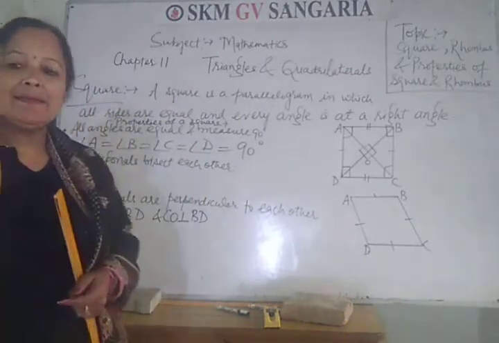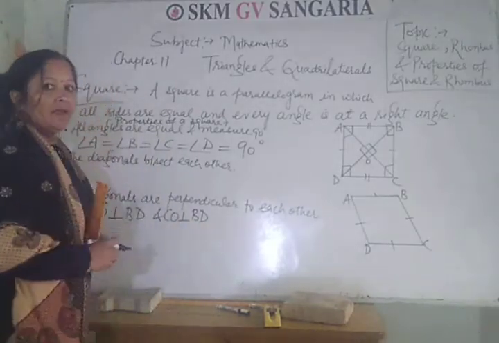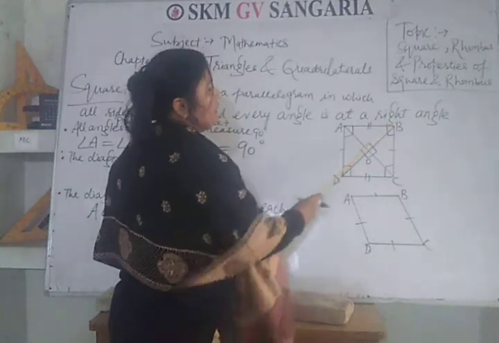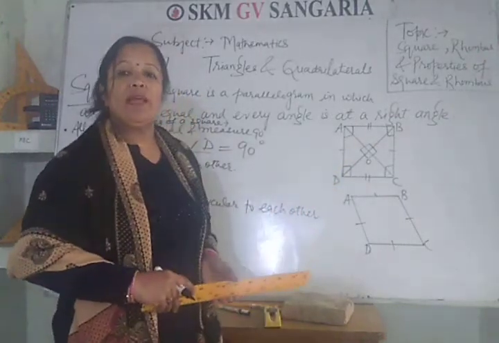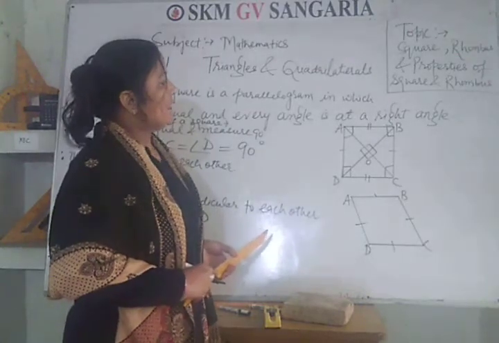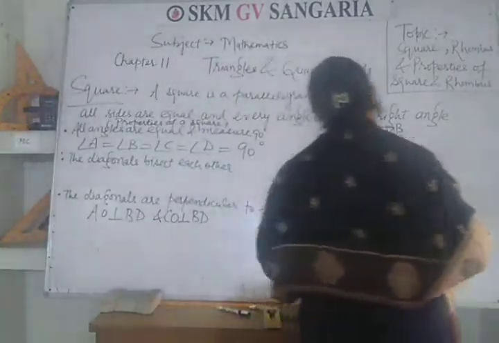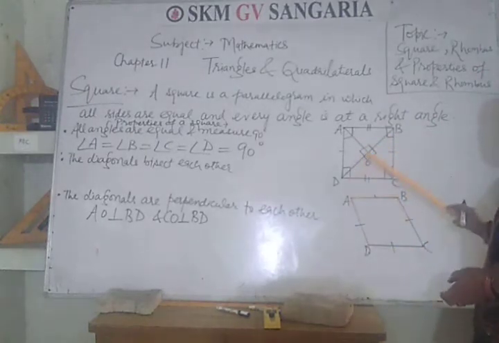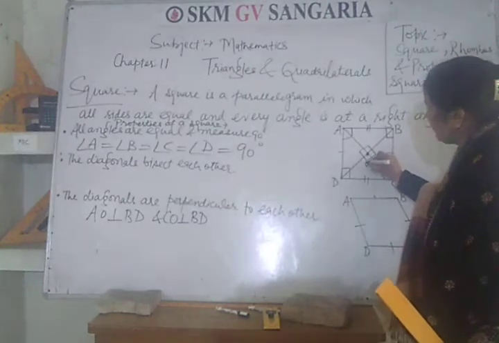Then the diagonals bisect each other. Diagonals, you know, are formed when we join two opposite vertices. So here two diagonals are there, AC and BD. Both diagonals bisect each other at point O. This is point O, which I have named here.